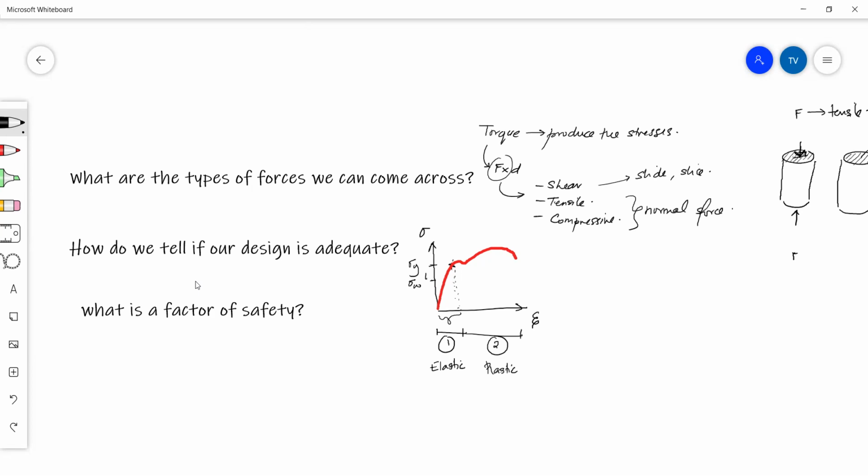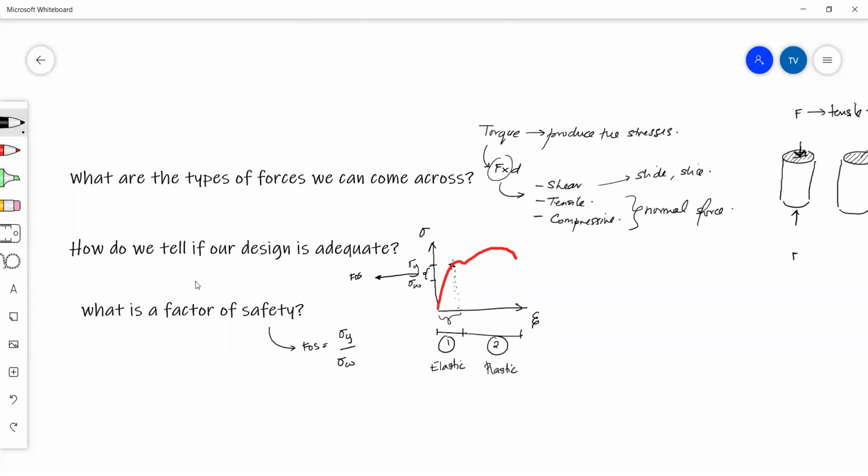And the distance between these two, or the difference between these two, is called what? It's called a factor of safety. The factor of safety is a relationship between the yield stress and the working stress, or the yield limit and the working limit. So the factor of safety is yield over working.